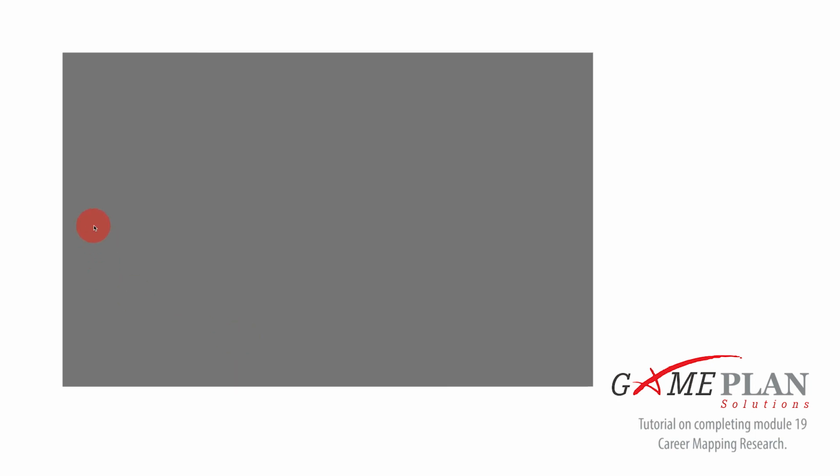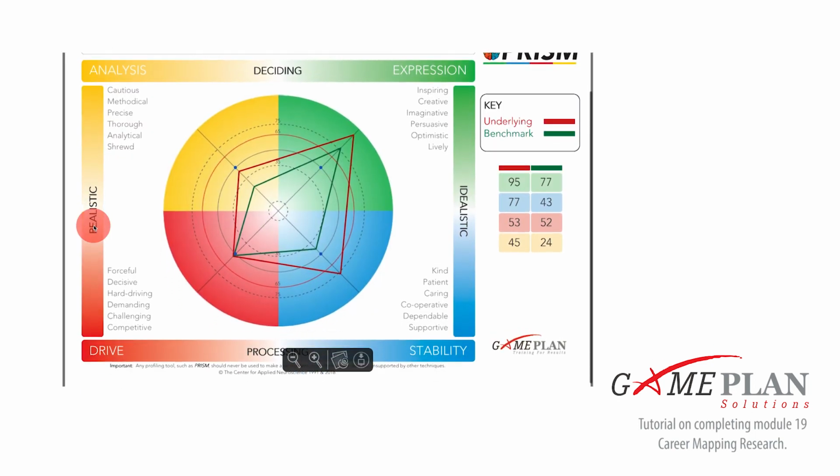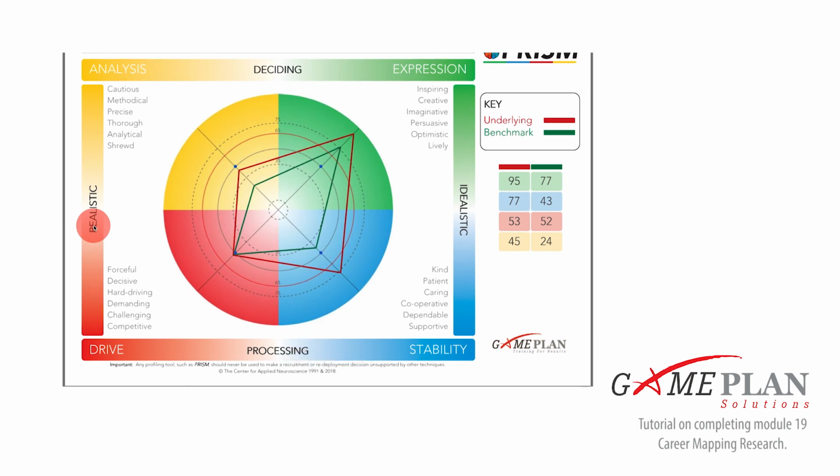Let's look, on the other hand, at actors. Obviously that requires a very different set of behaviors, and here we can see this match, whilst it's not a perfect match, you can see some similarity between the shapes in terms of the key areas. The red quadrant and the green quadrant are very similar. There's a little bit of gap here, not too much of a gap, but a small gap.